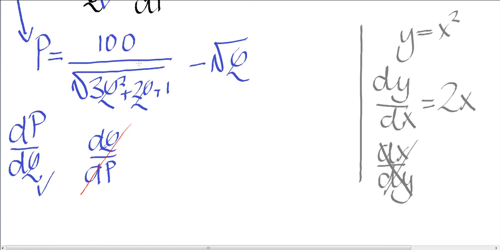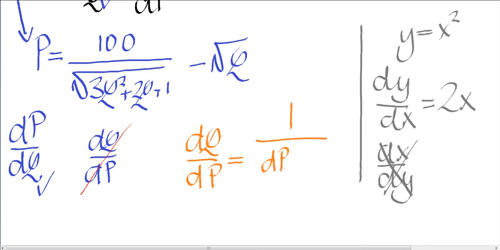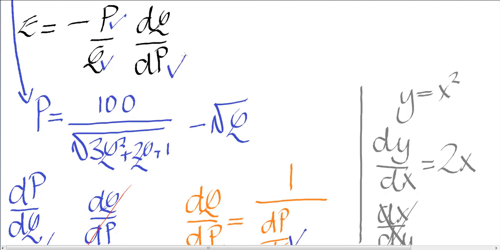So I need it the other way about. What I'm going to use is the rule that dQ dP is the same thing as 1 over dP dQ. So I can find that. Now we might have a job to find it, but we can find it there. That means we can find dQ dP, and we'll have all the terms we need to find elasticity.